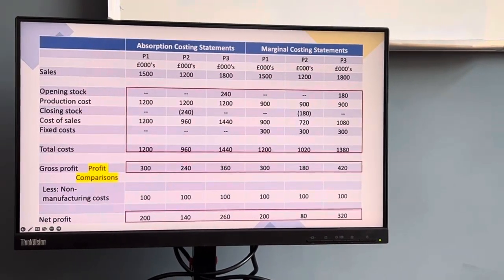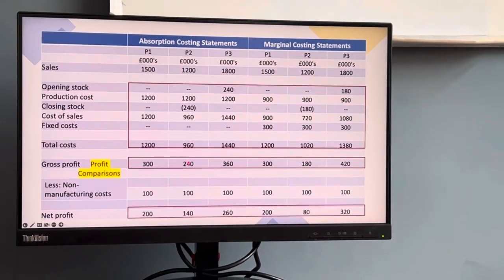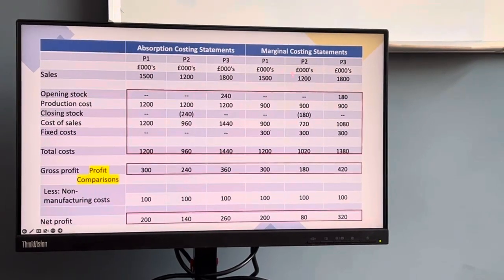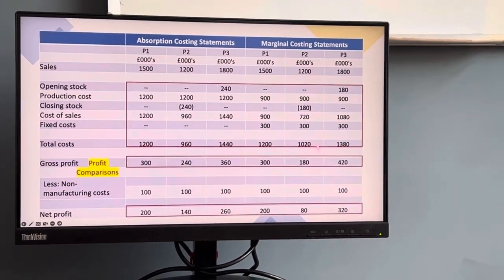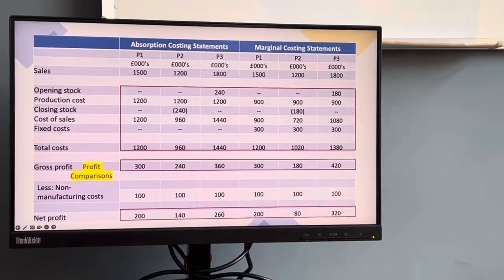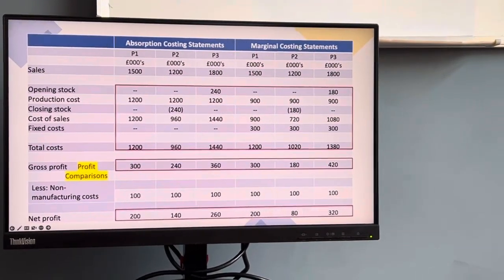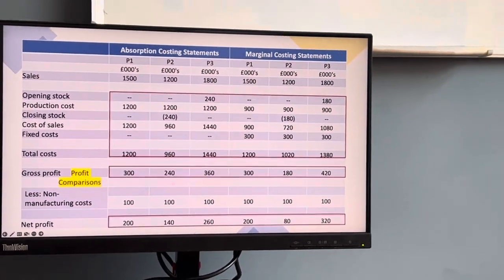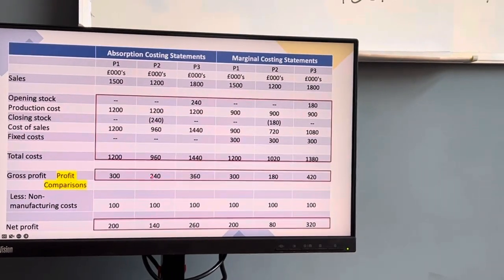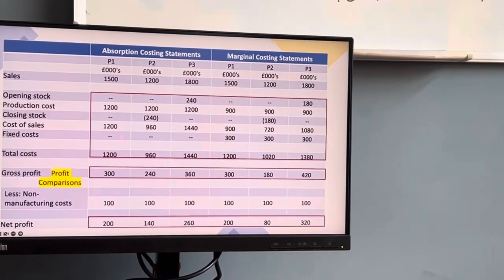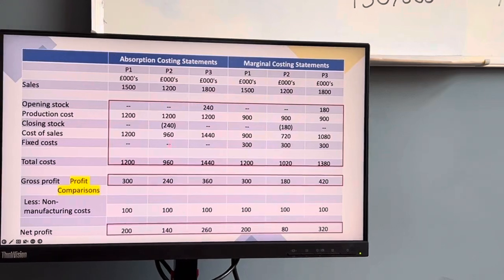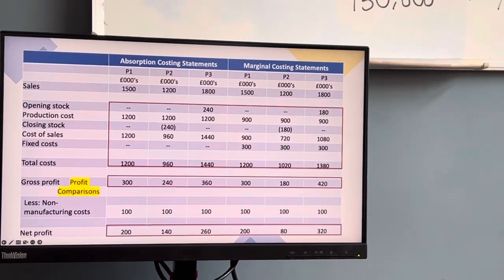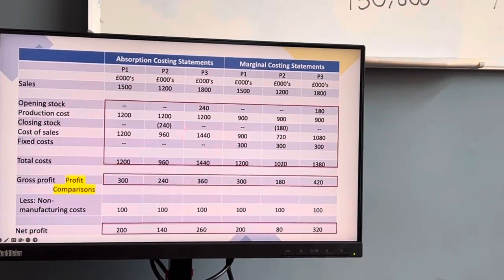Why does absorption costing generate more profit than marginal costing? Because the number of units we produce is higher than sold. In such a case, some of the overheads stay in inventories.